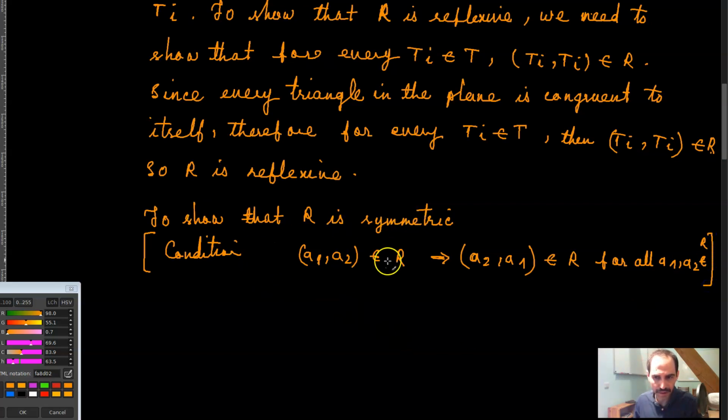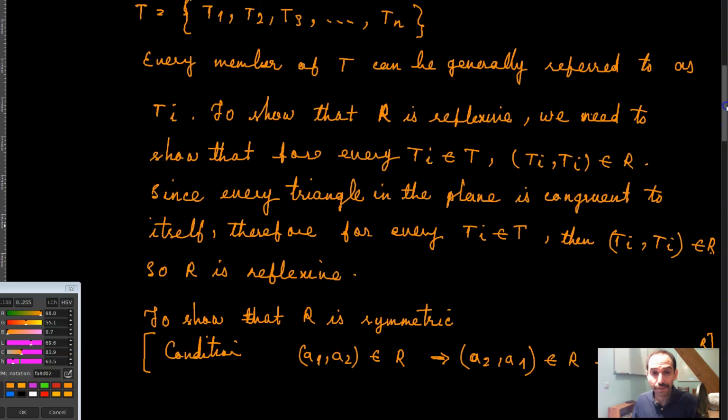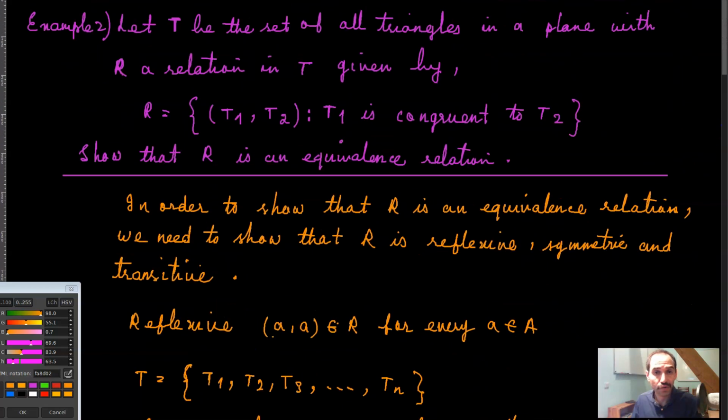So this is the condition. Now to show that R is symmetric, we use this condition, meaning A1 comma A2, A2 comma A1. Here we are talking about triangles, and R here is T1 comma T2, where T1 is congruent to T2, right?